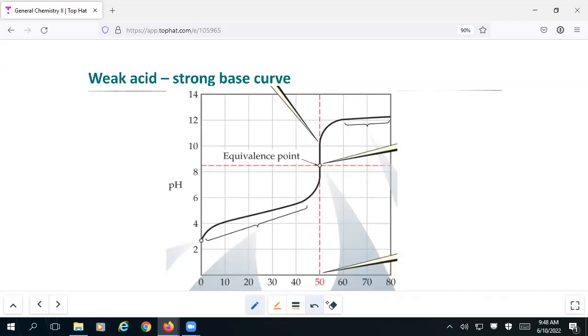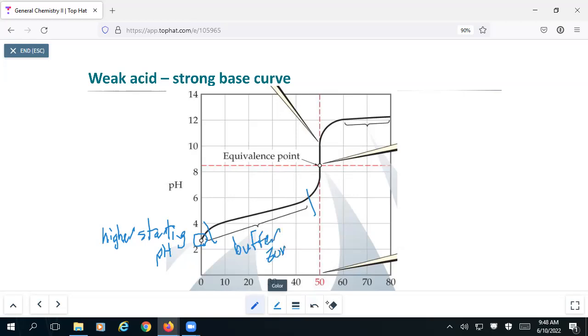So this is an example of a weak acid strong base curve. Again, the points of emphasis, the things that you want to notice. We have a higher starting pH. Unlike the strong acid curve, which was largely flat right until we got to the equivalence point, we've got a buffer zone in here.